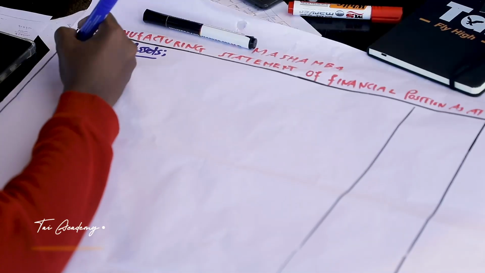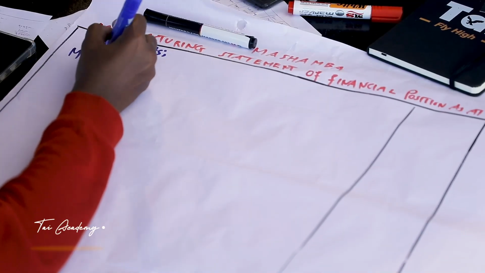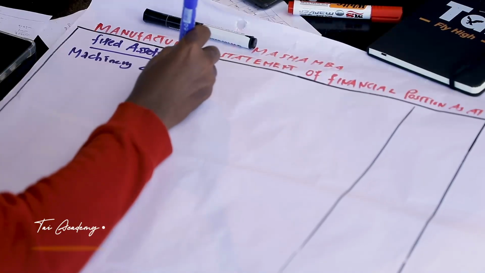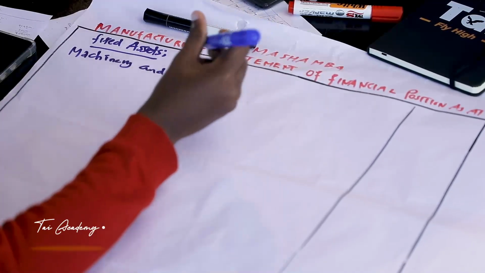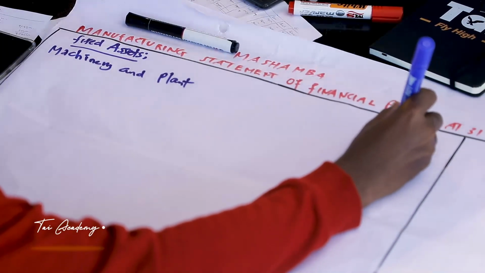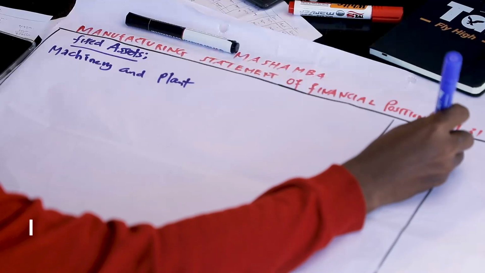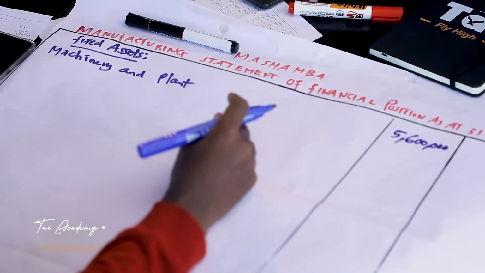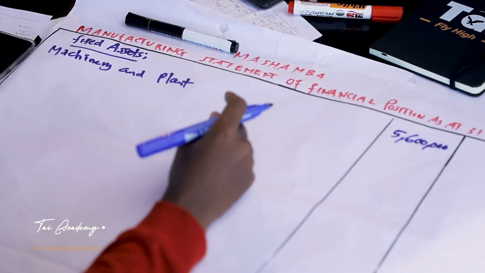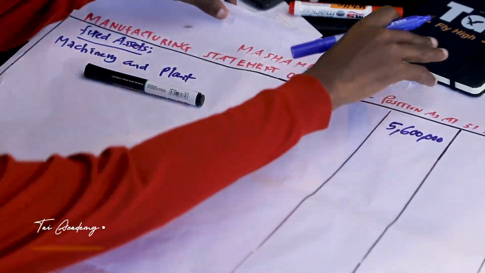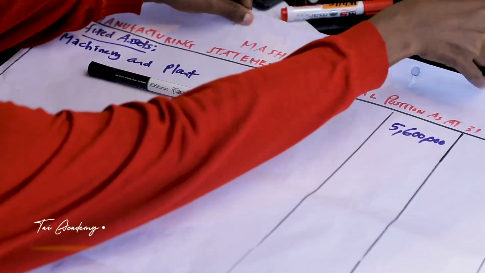So you have machinery and the plant, which had a cost of 5,600,000, but it had depreciation, from the additional information, that the depreciation on machine and plant and office furniture was 10% per annum on cost. So here we will do a little working to find that depreciation amount.